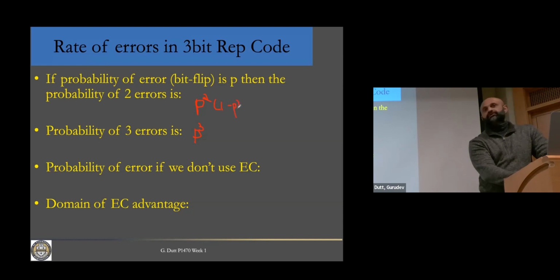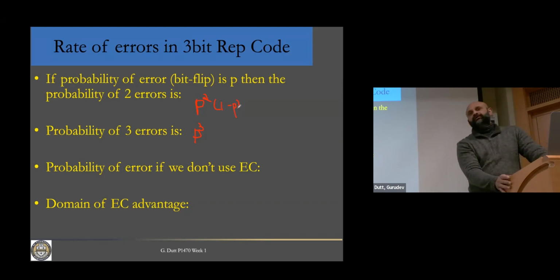This is like a coin toss. In a coin toss with a coin that has a probability P to be heads, for example. Usually it's half, right, when you toss a coin. But if the coin is not fair, and it has a probability P to give you heads, then if I want a string of, say, 2 heads and 1 tail, that's P squared times 1 minus P. Does that make sense?